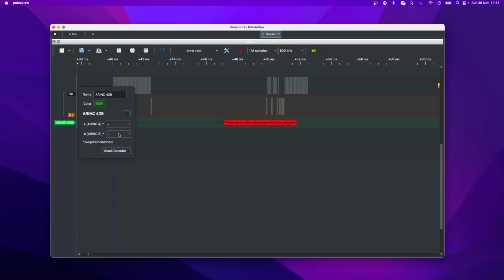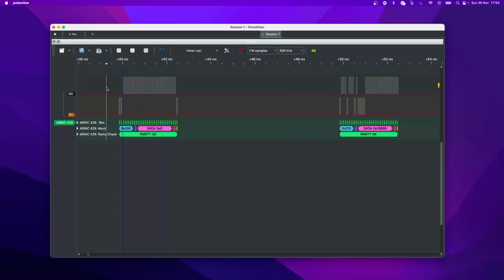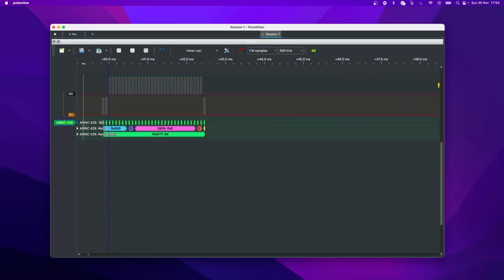You have just two possibilities. If you know what the labels should be, it's quite easy to guess. In my case, I already know that D1 is the A signal and D0 is the B signal. And here we go. We have three new lines appearing here: the bits, the word, and the parity check.